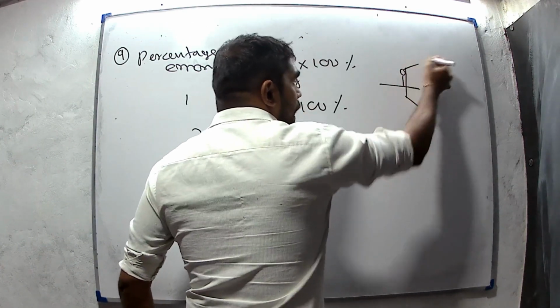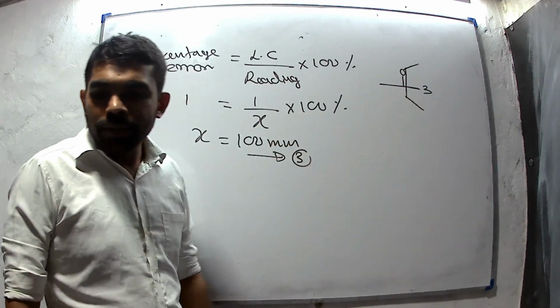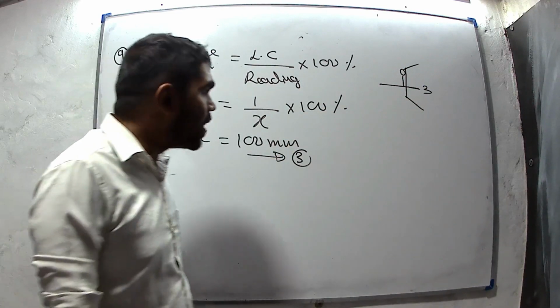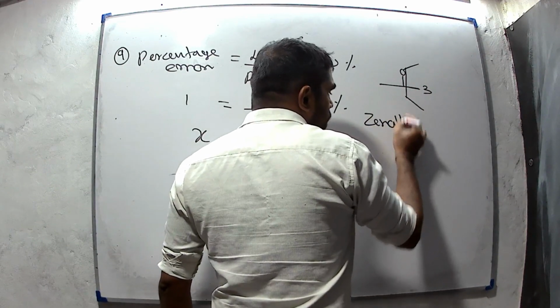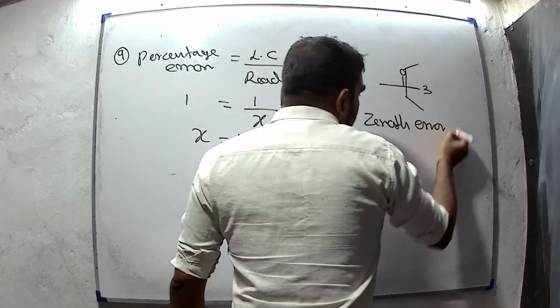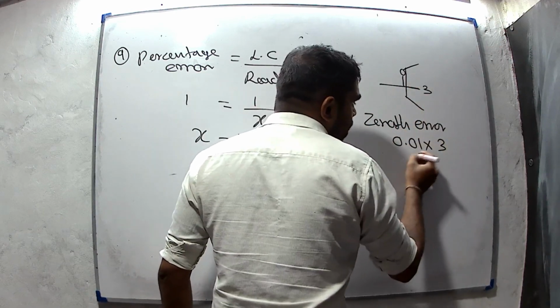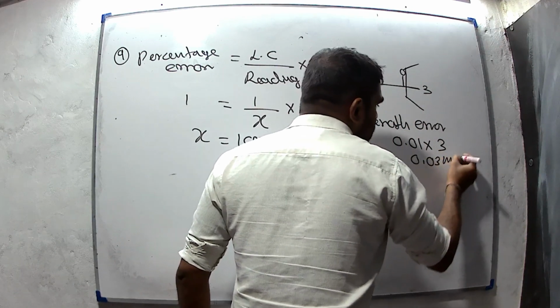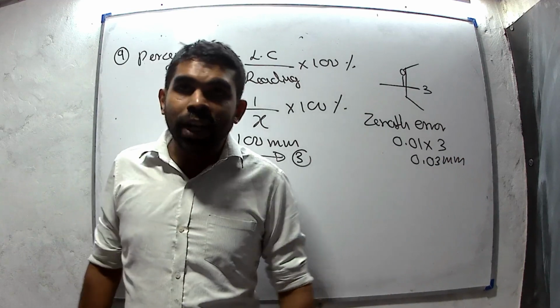It is the third part. Therefore, this is an error. We have to subtract it from the reading obtained by the instrument. We can get the zero error. Please count 0.01 into coincided part 3, 0.03 millimeters is the zero error. Then I will consider the second diagram to get the reading.